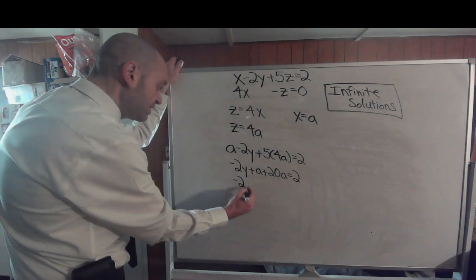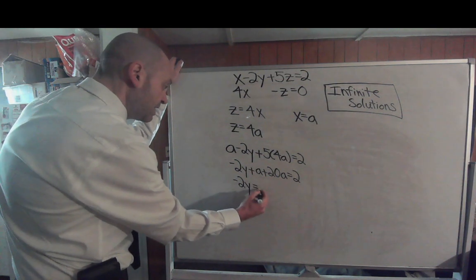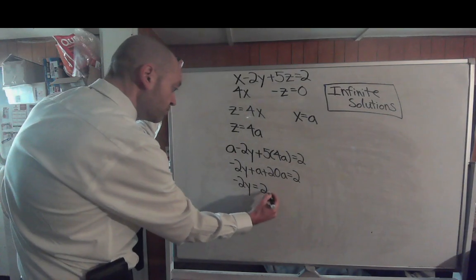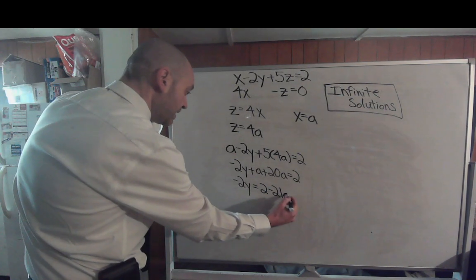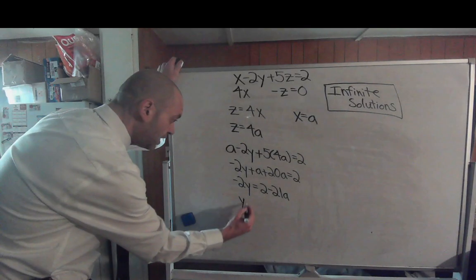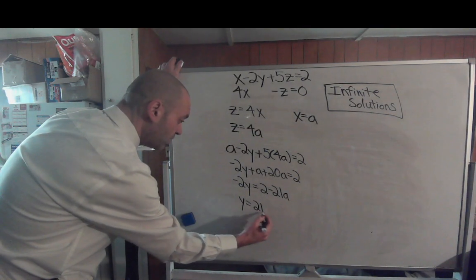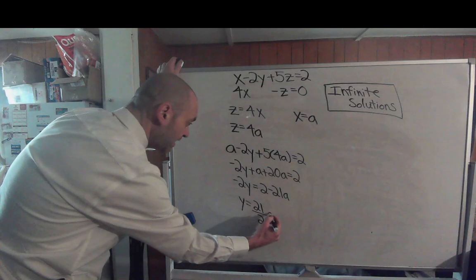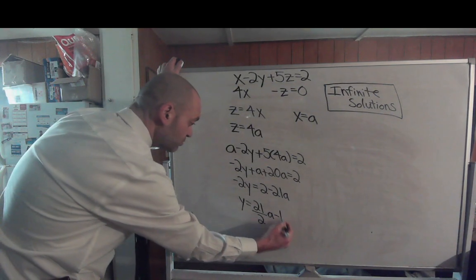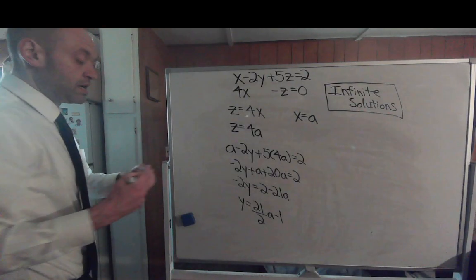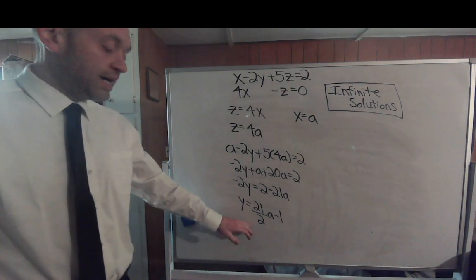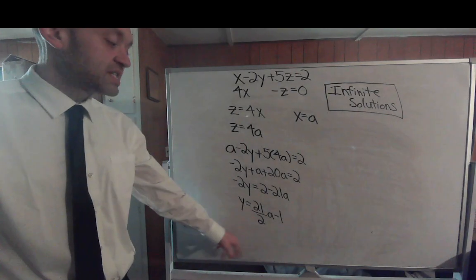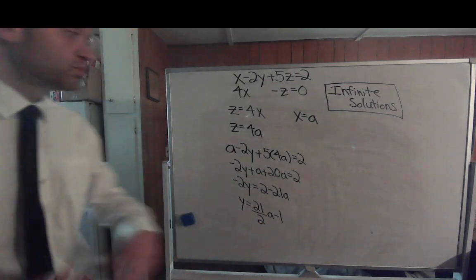You get negative 2y equals 2 minus 21a. So that would give you y equals 21 halves a minus 1. So y is going to be 21 halves times some real number minus 1.